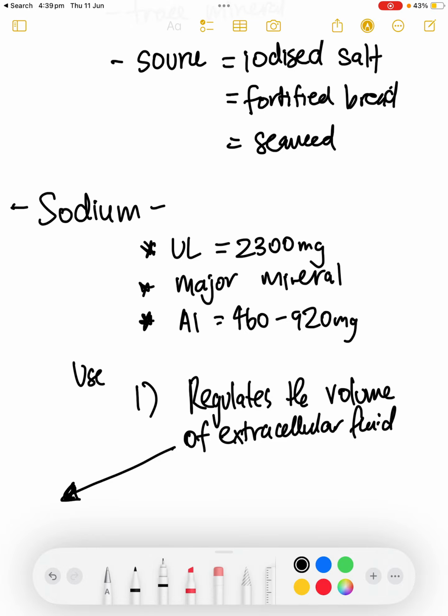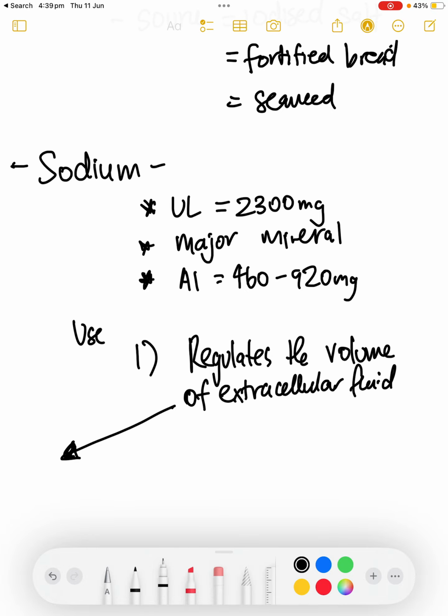If we consistently have exceeding amounts of sodium over time, it can link to hypertension, which means increased blood pressure, increased systolic and diastolic blood pressure, okay?